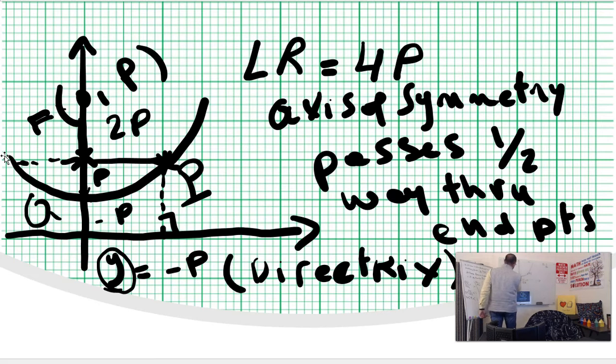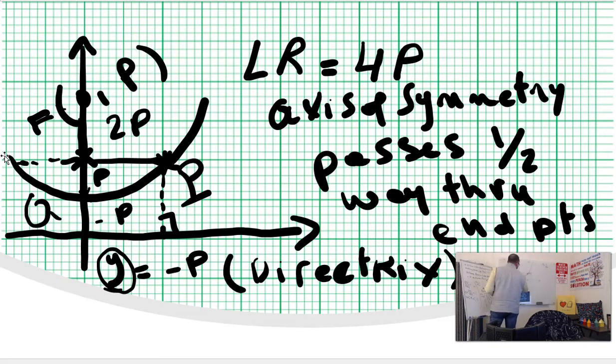So now my PQ is parallel. I chose it this way. The two endpoints on that chord, PQ, it's perpendicular to the axis of symmetry. This is the axis of symmetry of the parabola. The two endpoints, P and Q, forming that chord PQ, are perpendicular to the axis of symmetry and parallel to that directrix.